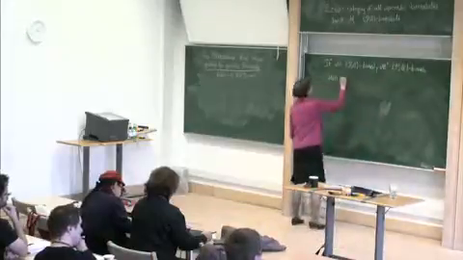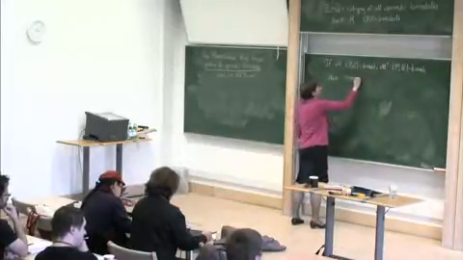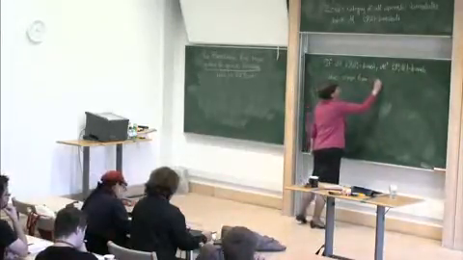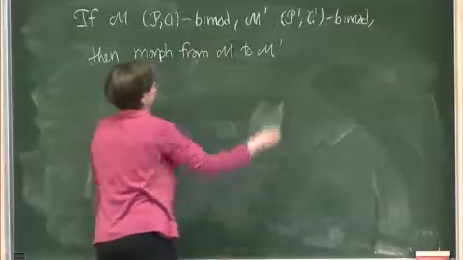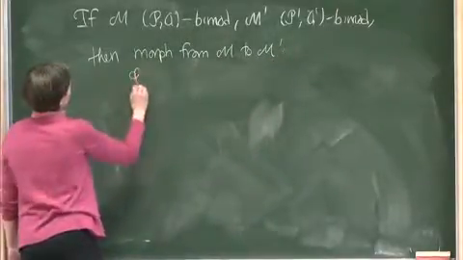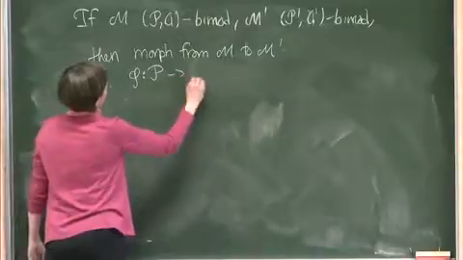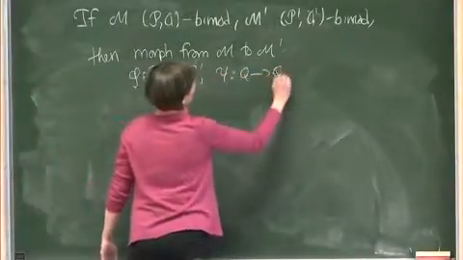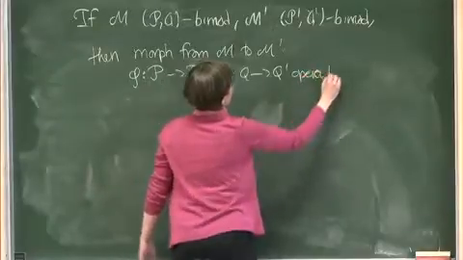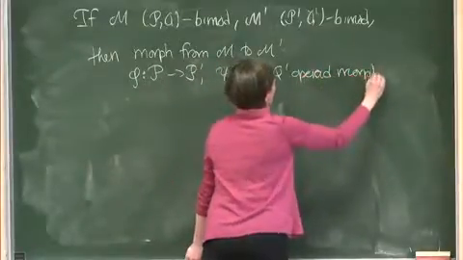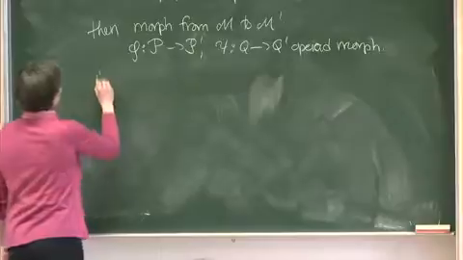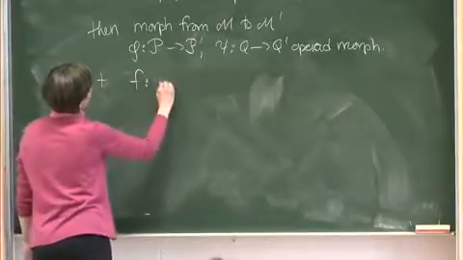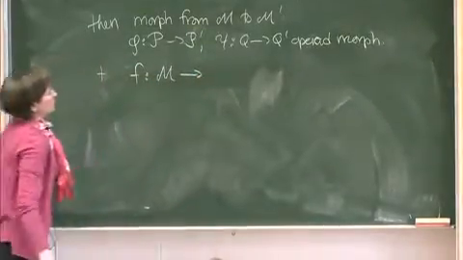So a morphism from M to M prime consists of operad morphisms, phi and psi, plus, let's call it F, a PQ bimodule morphism.